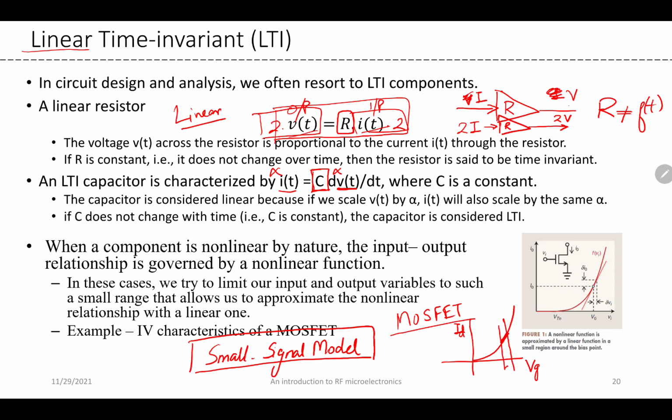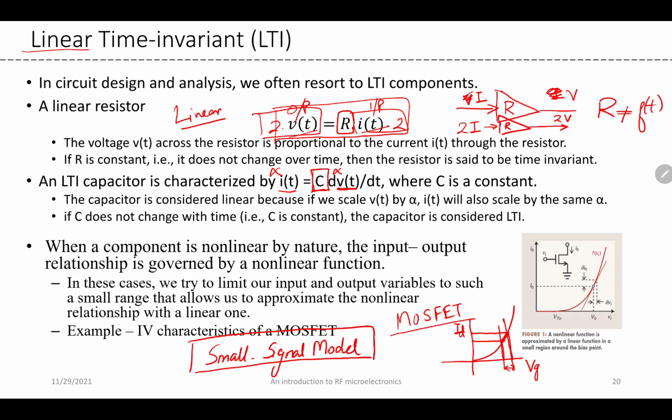We assume that the applied VG is changing, the change in VG is a very small quantity. Then we assume that the change in ID as well is a very small quantity, and that these relations form a linear dependence because it's a very small portion of the overall nonlinear curve. Then we can assume this MOSFET to be behaving linearly in this region of operation.